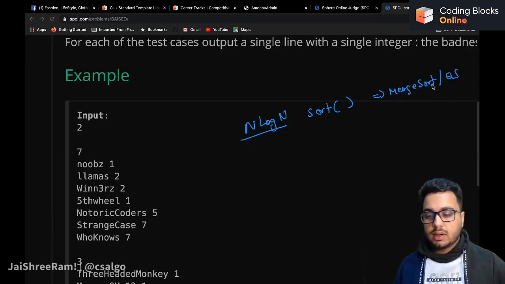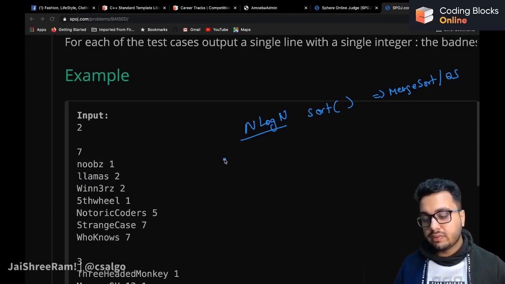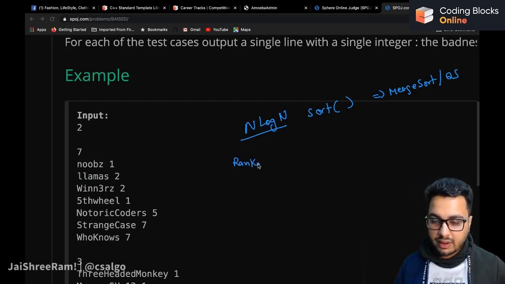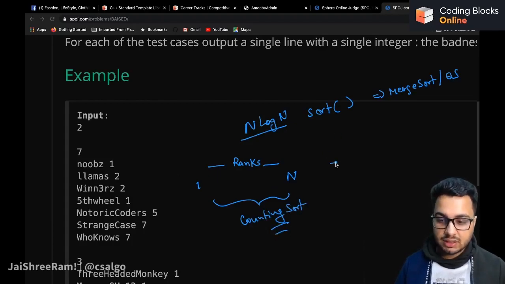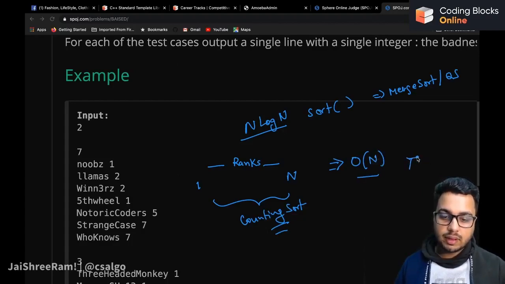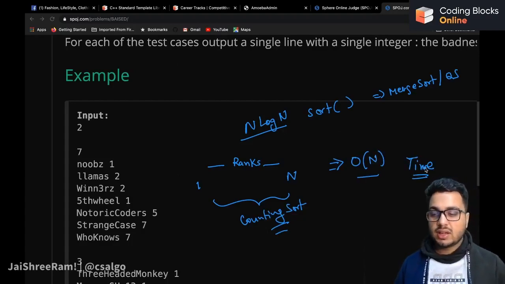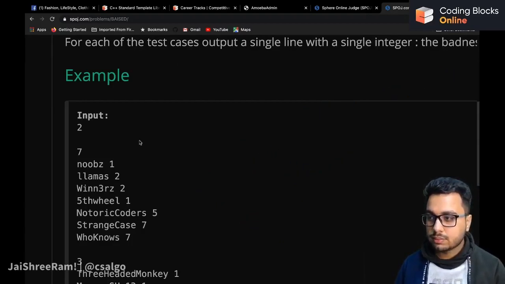But since you have ranks in a particular range 1 to n, we can also use something like a counting sort. We will use a counting sort based implementation that can solve this problem in order n time. So let's have a look at the implementation using counting sort.